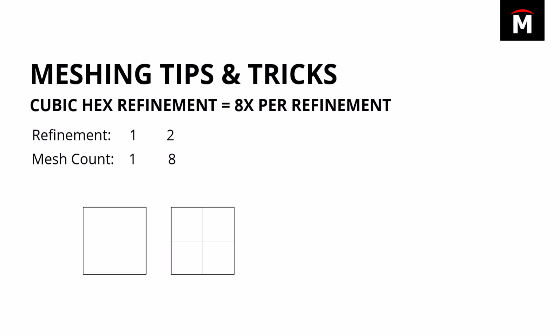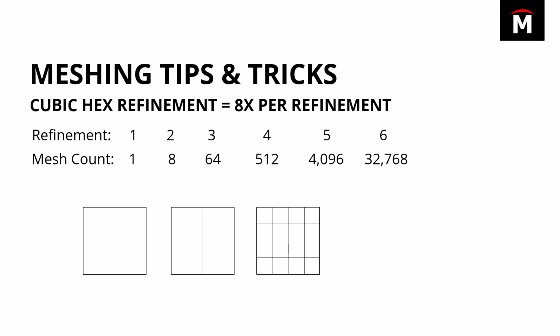So 2 to the 3rd power is 8. Now, if you were to split all of those again, you would hit 64. Now, that's only 2 refinement levels up. We're now 64 times bigger. And every time you go up another refinement level, your mesh count starts to explode exponentially.